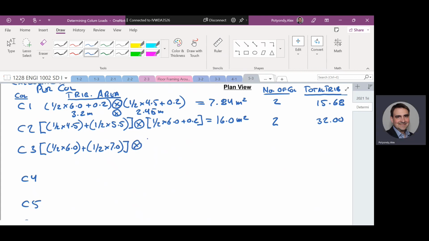Close bracket, multiply by 1/2 times 4.5 plus 0.2 for that overhang, and I get a value of 15.925 meters squared. And that is going to come, I got how many columns of those? 2, and I think that comes out to 31.85 meters squared.